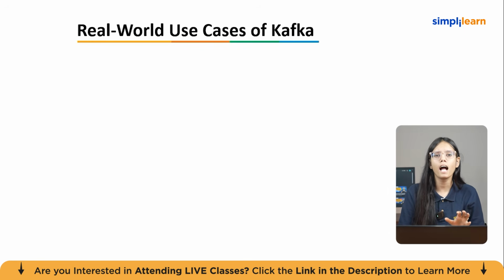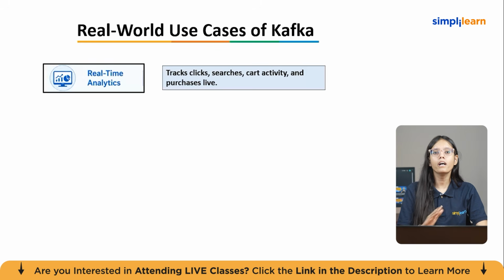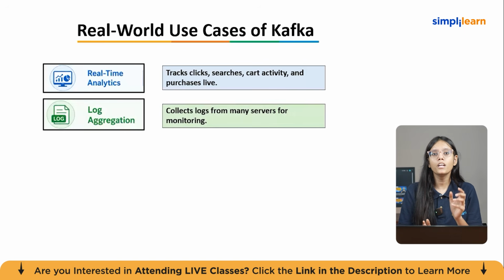Now, once the basic idea is clear, let's understand where we can use Kafka in real-world systems. So, one common use case is real-time analytics. For example, an e-commerce company can track user clicks, searches, cart additions, and purchases in real time. Another use case is log aggregation.